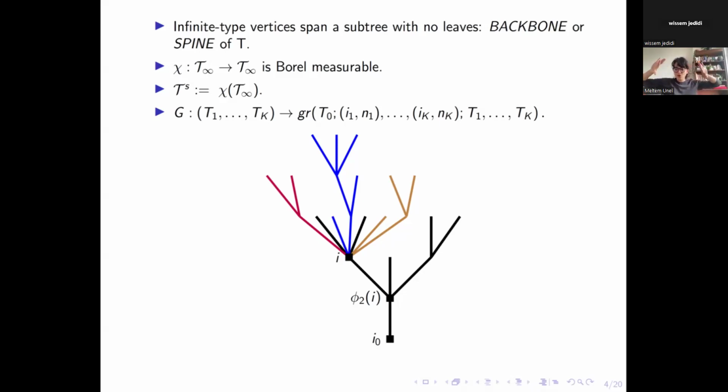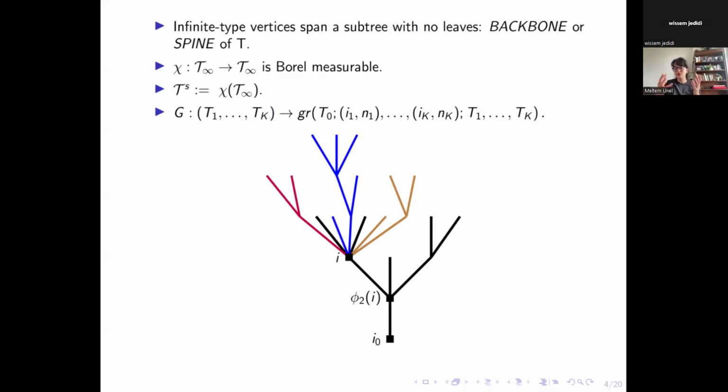So it deletes all the finite type vertices from the tree, and I am left with an infinite tree that has only infinite type vertices. So every vertex has an infinite number of descendants. This is again an infinite tree. And this map turns out to be a Borel measurable map. We are going to need this map.